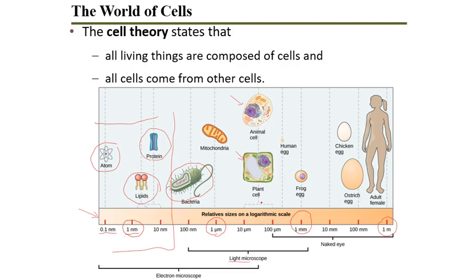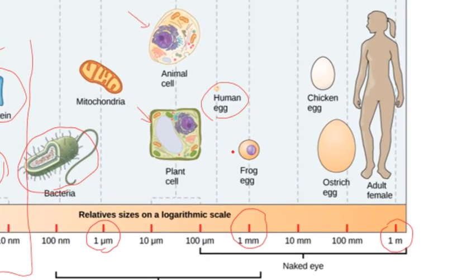Now, as we move further and further, we can tell that some structures we can see with the naked eye. So if I put in front of you a human egg, you could, in theory, see it. It's very small, but still it is possible to see this with the naked eye.